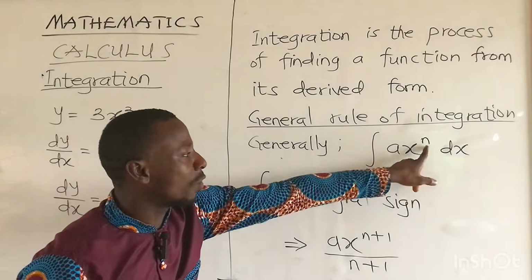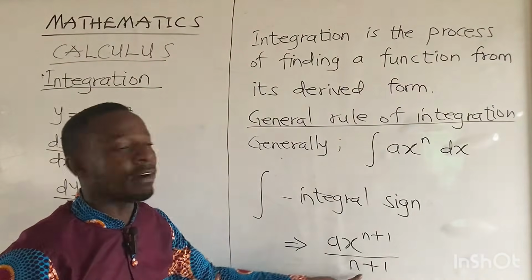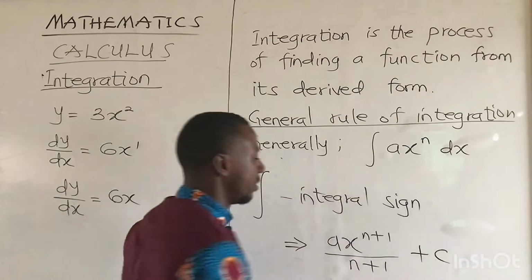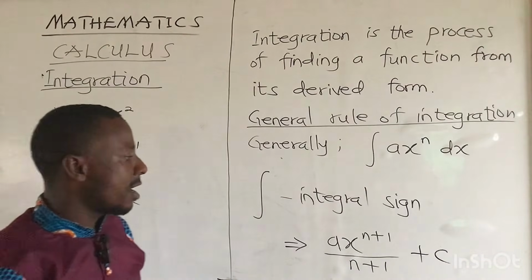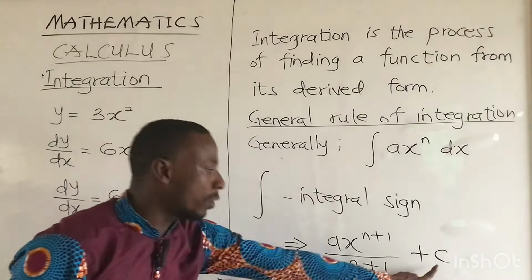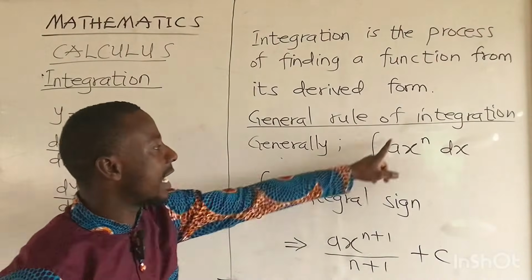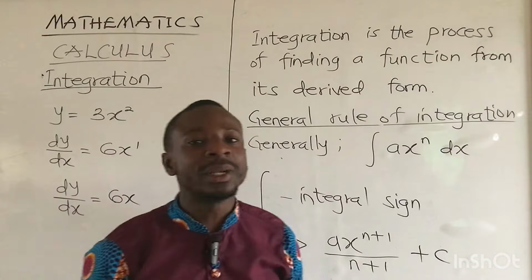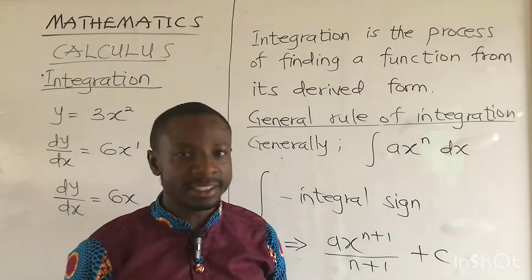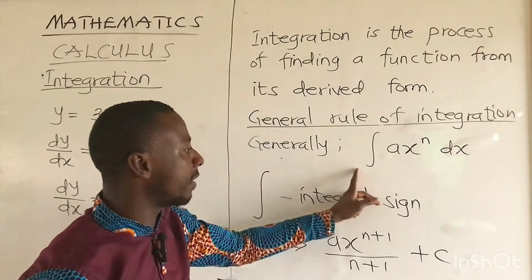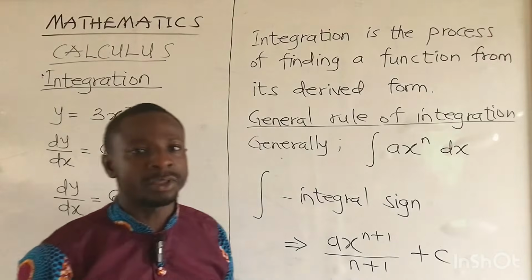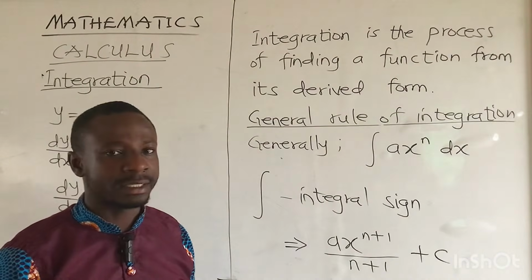So after adding 1 to the exponent, use it to divide the whole function, then you add plus c to your answer. Now this is the arbitrary constant because the integral sign has no limit, and we call it an indefinite integral, so we have to add plus c to the answer you have obtained.